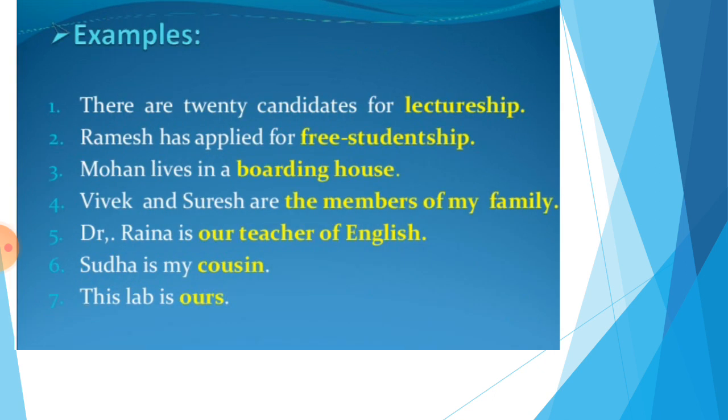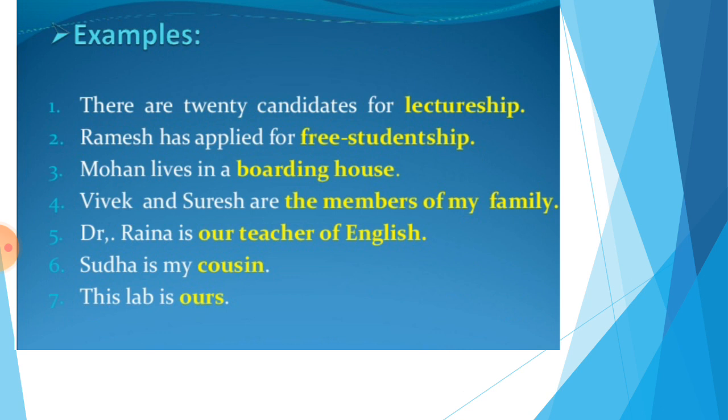Here are some examples. There are 20 candidates for lectureship. Ramesh has applied for free studentship. Mohan lives in a boarding house. Vivek and Suresh are the members of my family. You must not say Vivek and Suresh are my family members.